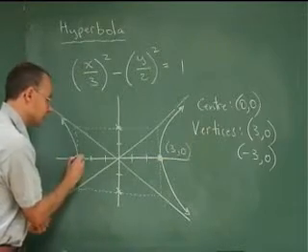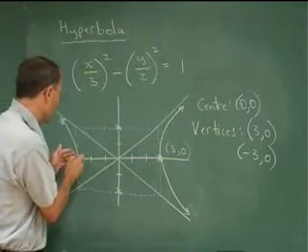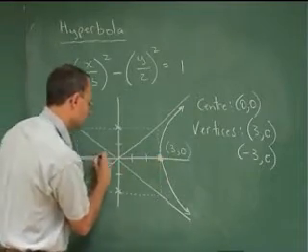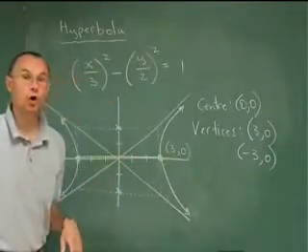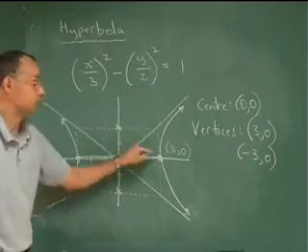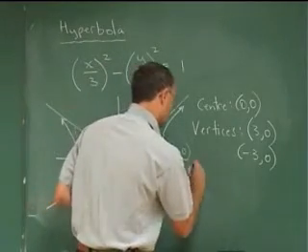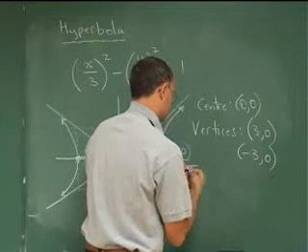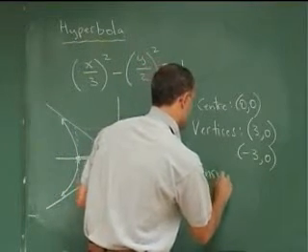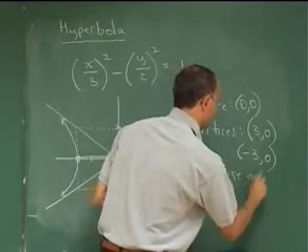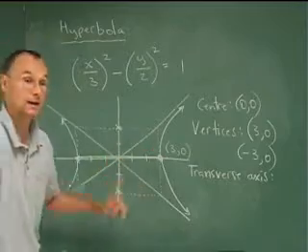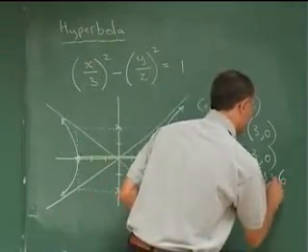The distance or length from one vertex to the other vertex, this distance along here, that is called the transverse axis. I'm just going to write that down for you. Transverse axis. And in this example, that would be 3 and 3, so a length of 6.